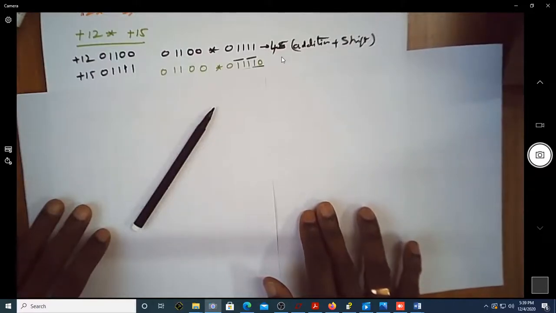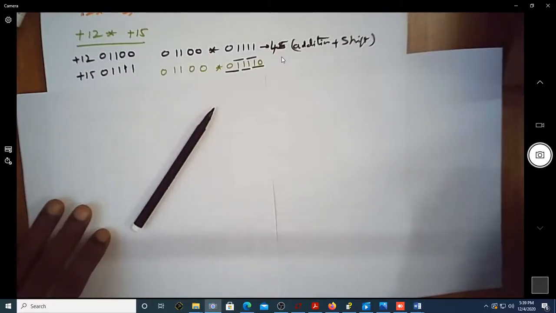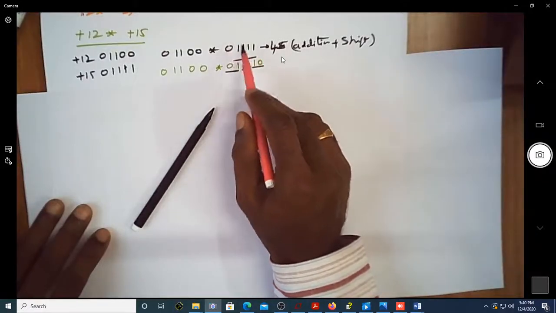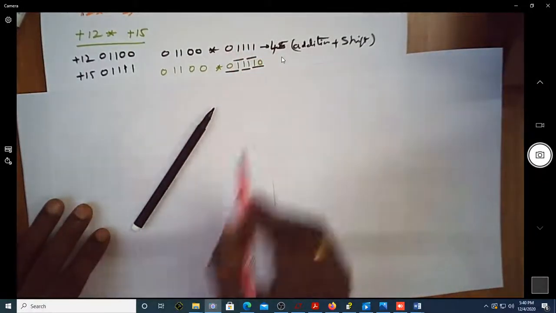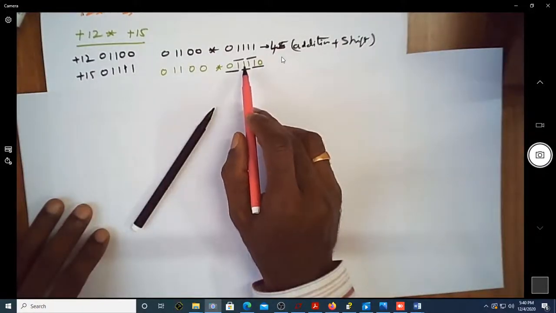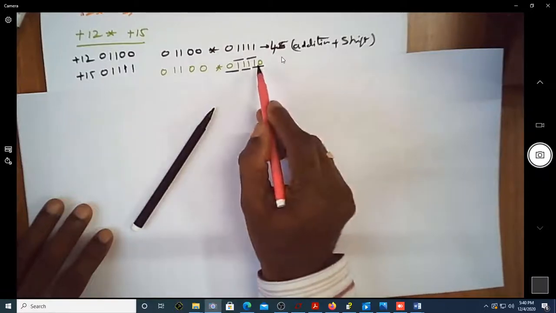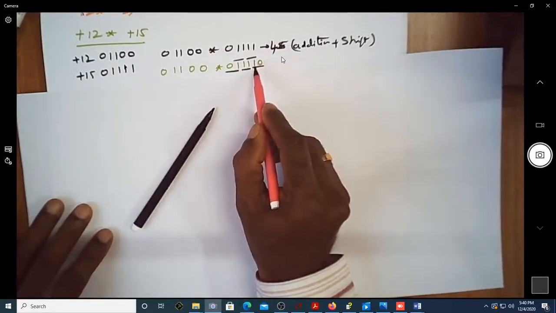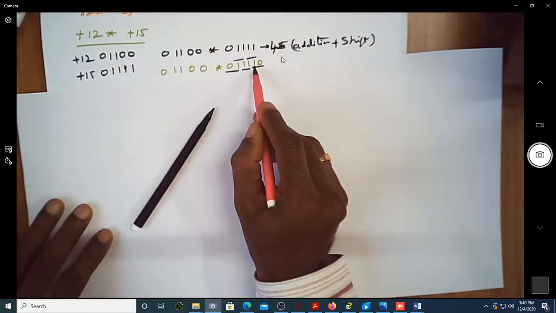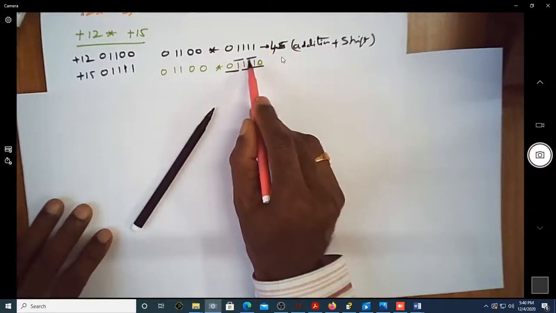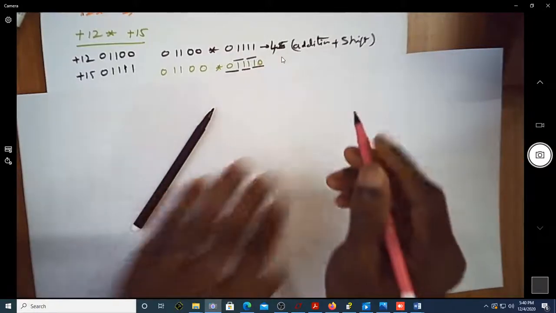Suppose you go for Booth's algorithm. What you do is append a 0 and rewrite a recoded multiplier, which is used to multiply your multiplicand. You group the bits in twos: first grouping, second grouping, third grouping, and so on.